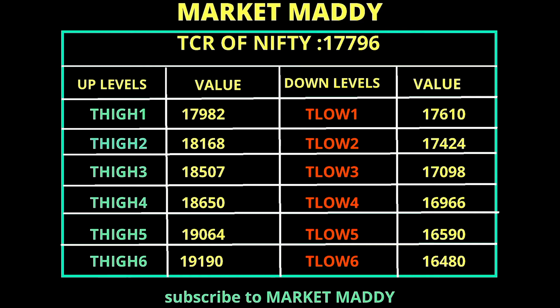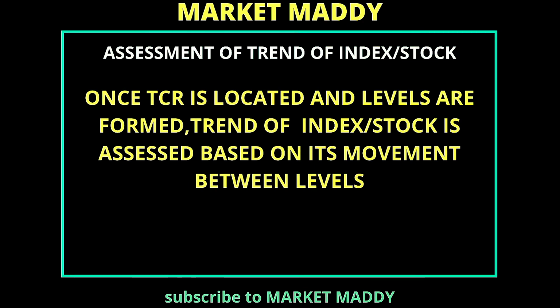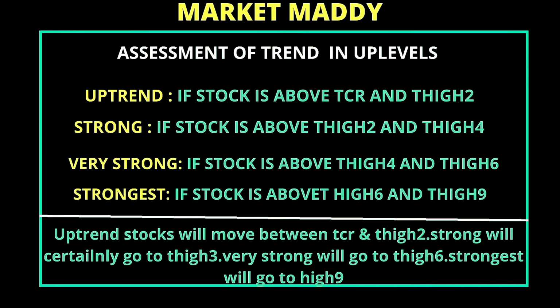Now what is next? Next is the trend assessment. How will the trend assessment take place? The fundamentals here are: if the LTP, the last traded price of the current move of any stock, is between TCR and T high 2, it is an uptrend.